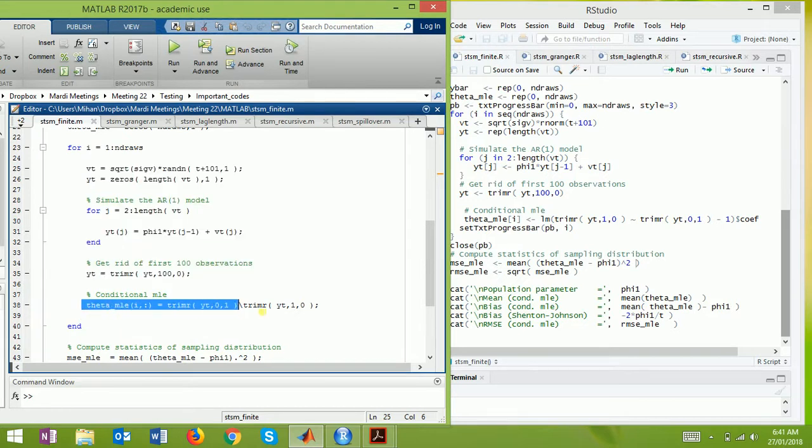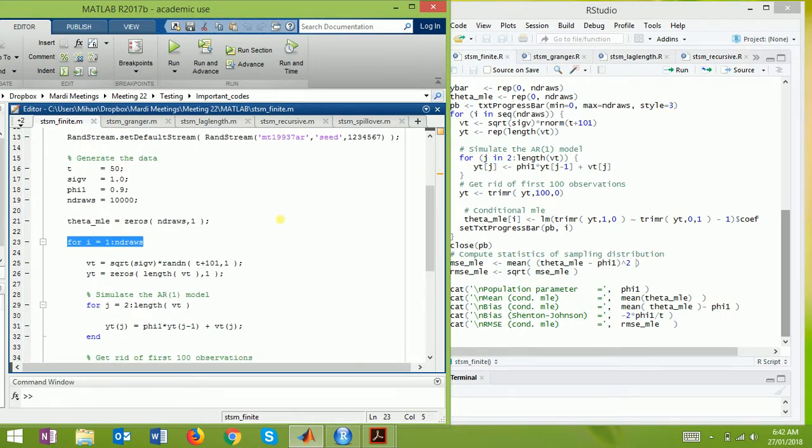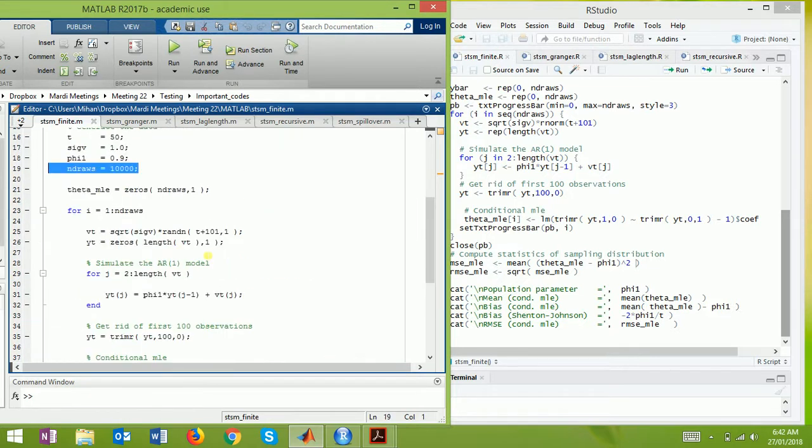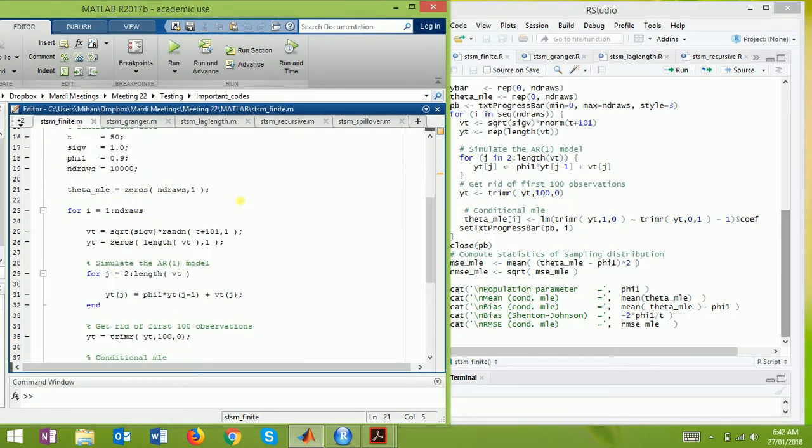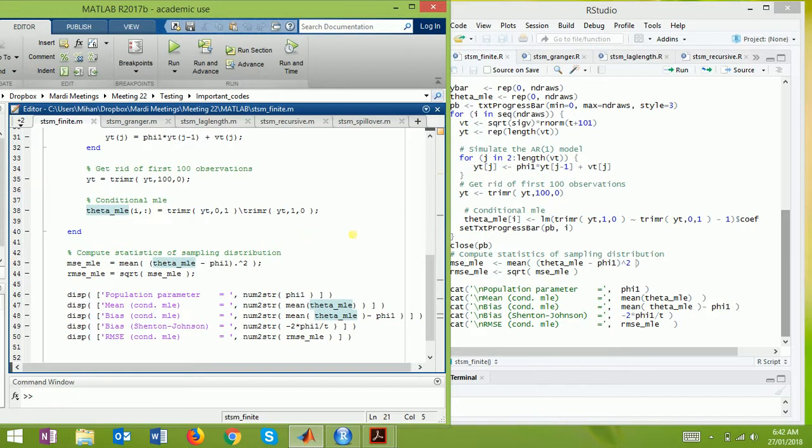Then we estimate the parameters: one parameter with the regression, and we do that for 100,000 draws, and we store the 100,000 draws in zeros. That's the main game here. So again we'll have 100,000 MSE and 100,000 RMSE.